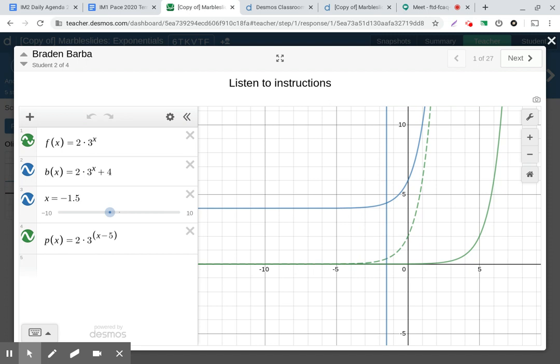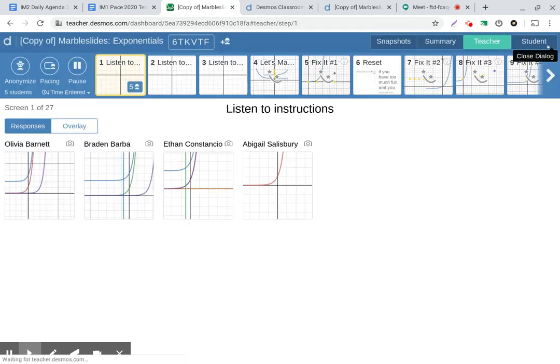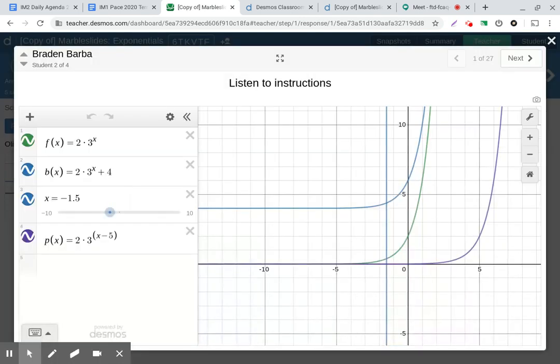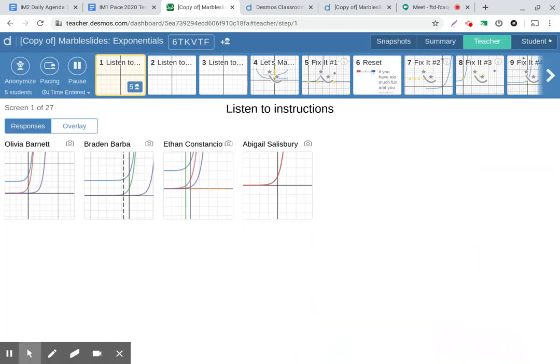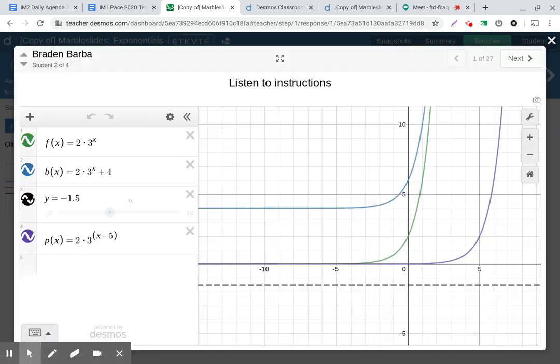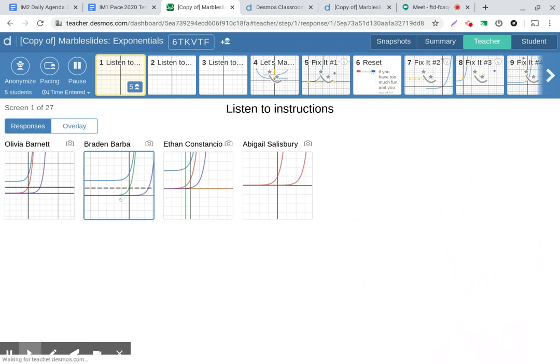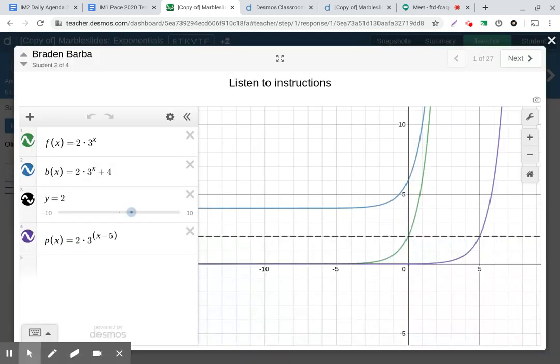So instead of, you know how we did a line, an intersecting line? That intersecting line, Brayden, can you make that in black? The x equals whatever? Yeah, make that. So you got to switch that to y equals any number you want. So like y equals 2, right? Y equals 2. And then go ahead and click on the intersection points of your function and the line. And is your purple line 5 units to the right? Yes. Any place you check, right?